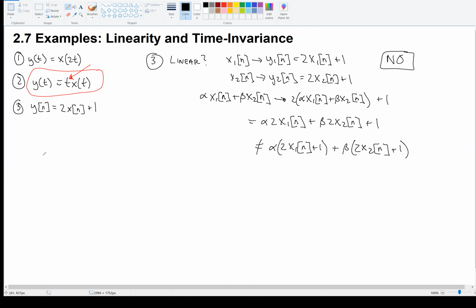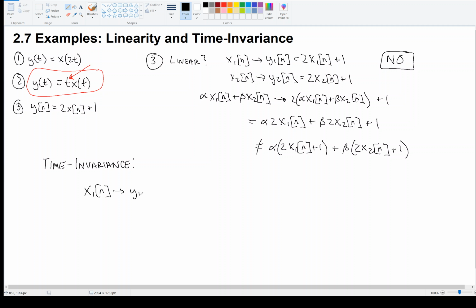Now, for time invariance, okay, I plug in x1.